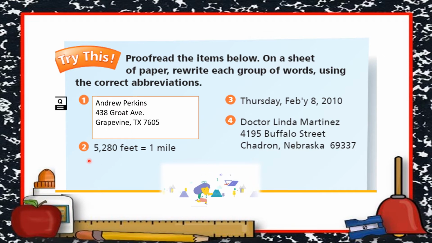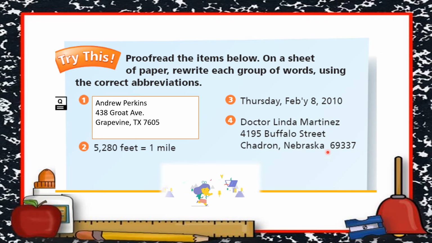So you can do 5,280 feet is equal to 1 mile on your own in your English copybook if you have it. Thursday, February 8, 2010, abbreviated correctly. And Dr. Linda Martinez, 4195 Buffalo Street, Shadra, Nebraska, 69337.